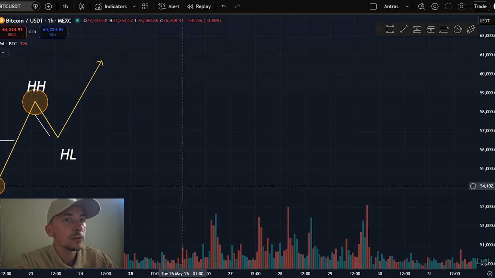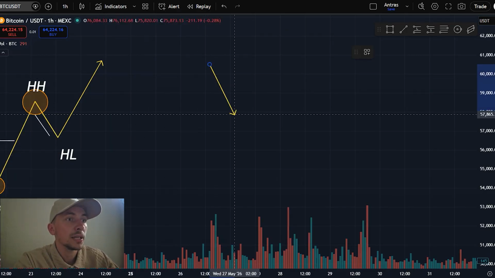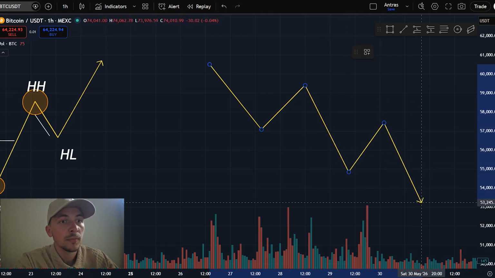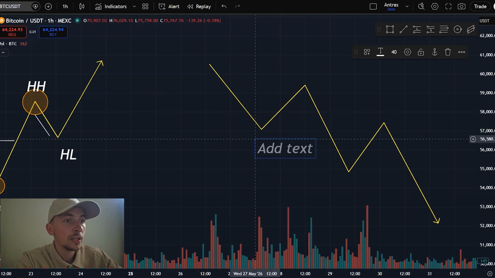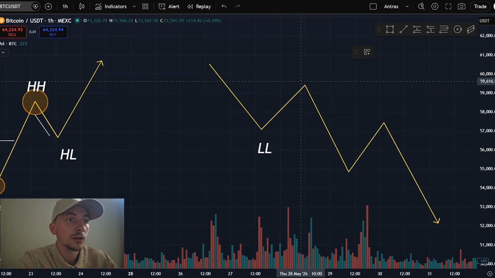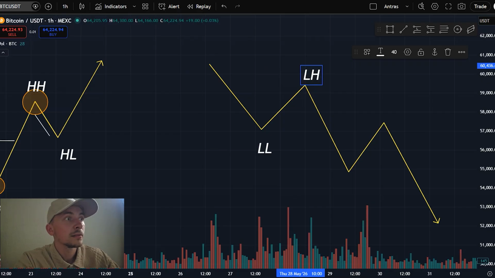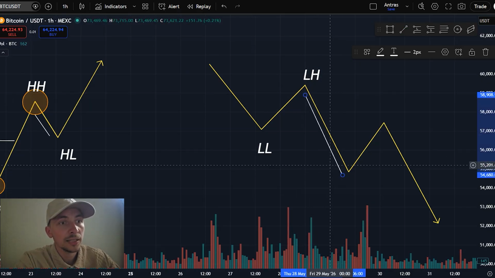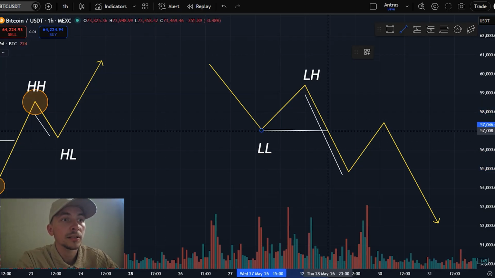Now we're going to another example, which is a downtrend movement. The downtrend is basically the same, but in this case we have a lower low. When the price starts to go up, it creates a new lower high. Once again, price starts going down, creating a new point lower than the previous lower low.